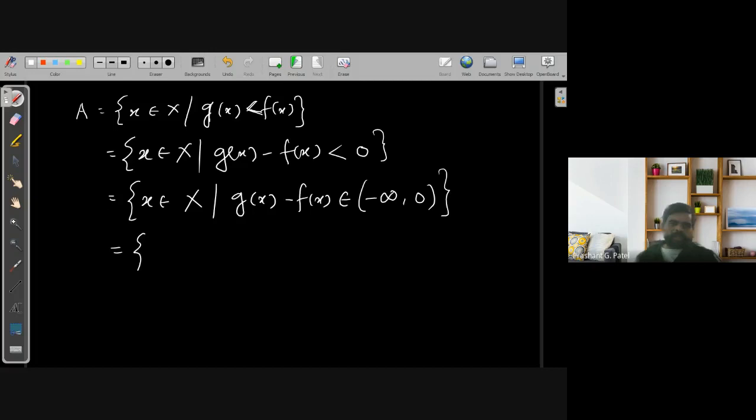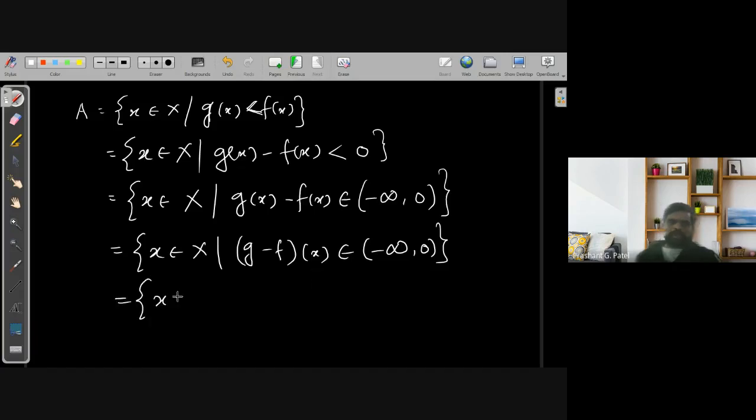I can rewrite this as (g minus f)(x) belongs to minus infinity to 0. So x belongs to (g minus f) inverse of minus infinity to 0.